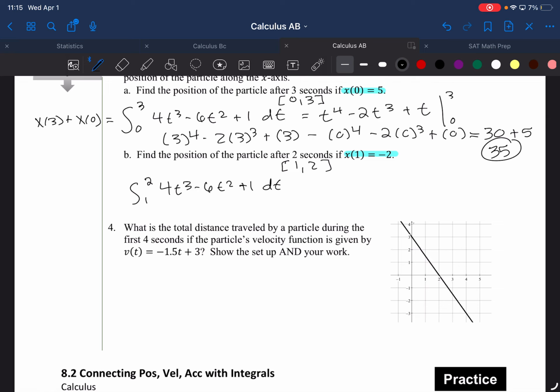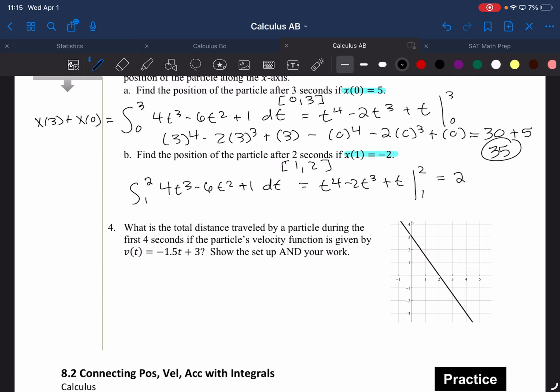Okay. I already know that that's going to give me t to the 4th minus 2t cubed plus t, but now I'm solving it at 1 to 2. Okay, plug in 2 and then plug in 1 and subtract those values. You get 2.